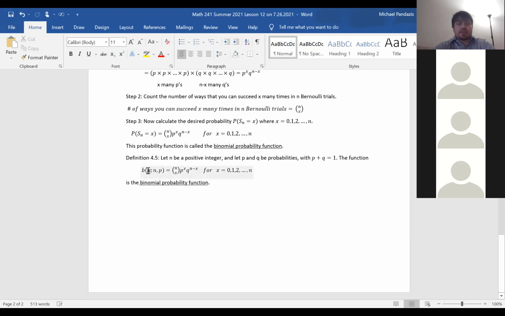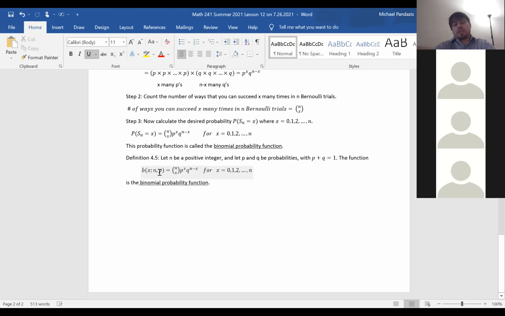The little x here denotes the number of successes. The little n denotes the number of Bernoulli trials, and little p denotes the probability of success in a Bernoulli trial. This little x value, there's a colon here. The colon is separating x from n comma p.